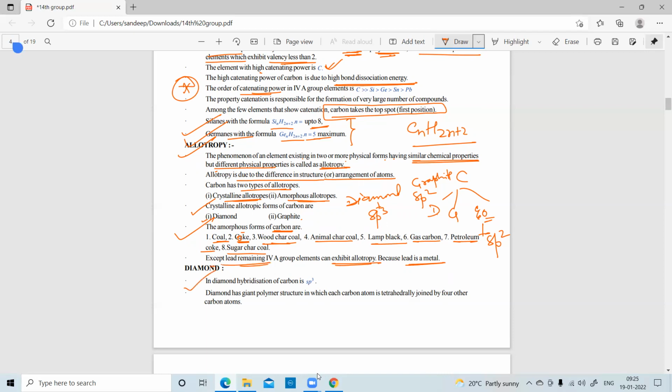In diamond, the hybridization of carbon is sp3. One carbon is surrounded by 4 other carbons. Diamond has a giant polymer structure in which each carbon atom is tetrahedrally joined to 4 other carbon atoms.